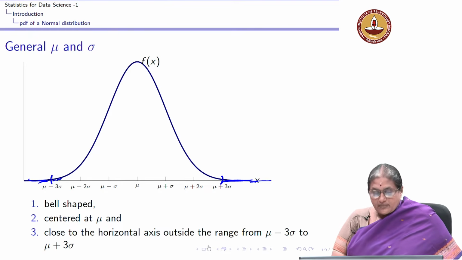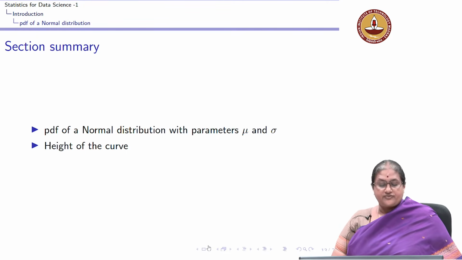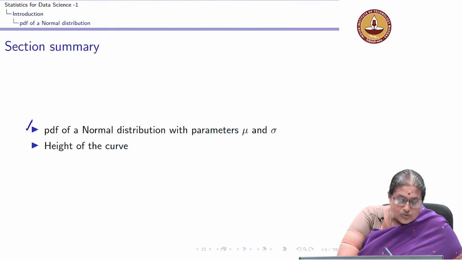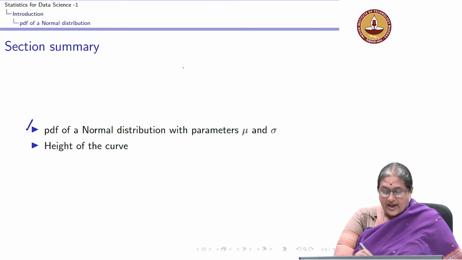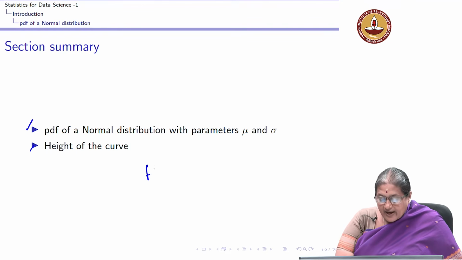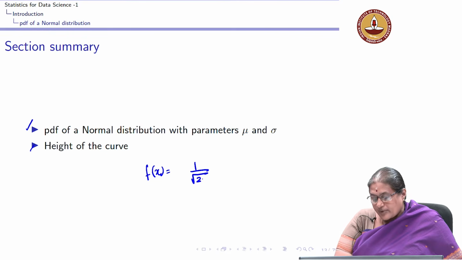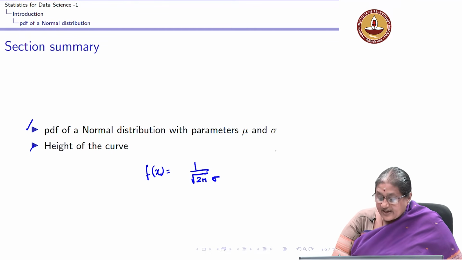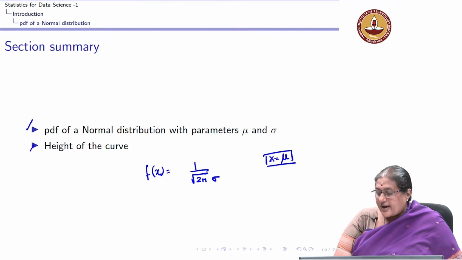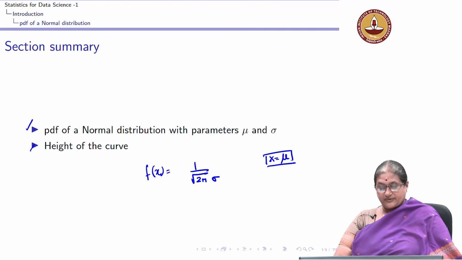So, in summary, what we have learned so far is we introduced the PDF of a normal distribution, and we observed that the height of the curve is 1 by root 2 pi sigma. For a given sigma, it is when x equals mu that I have the highest point of the curve.